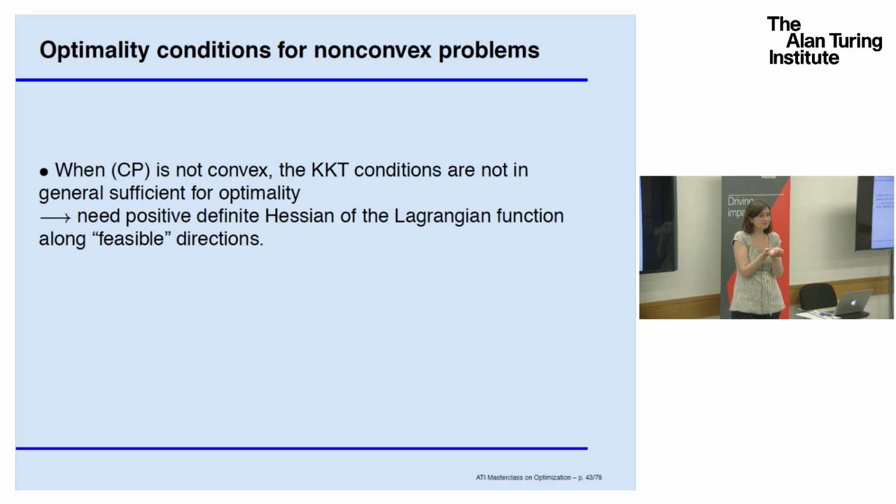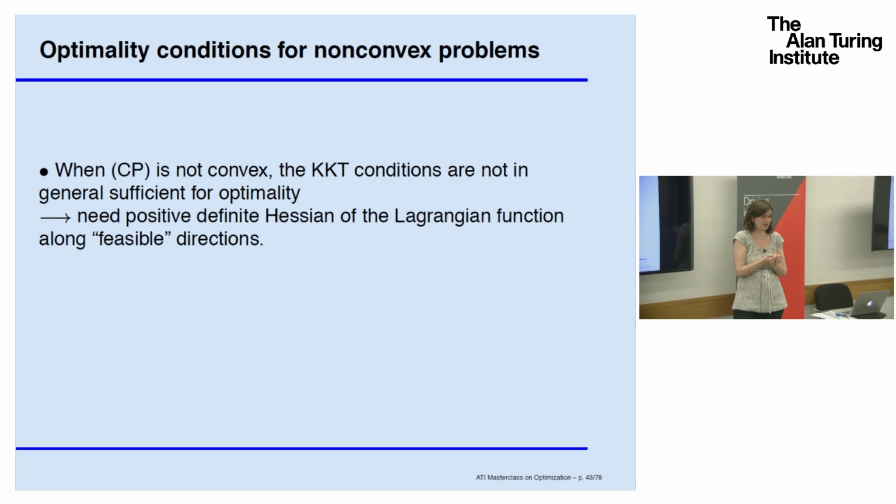But now you don't necessarily have convexity for the objective. You have convexity for the Lagrangian over feasible directions. So you have two things. You have the Lagrangian that has to be convex, but also that's only true for directions that are within your feasible set, that keep you within your feasible set.